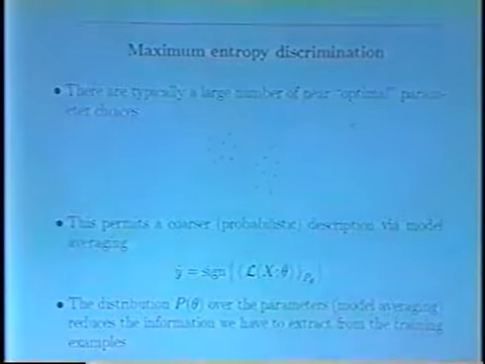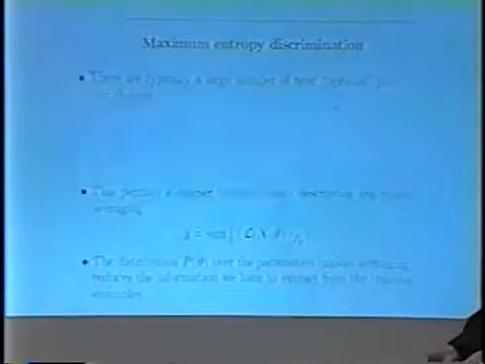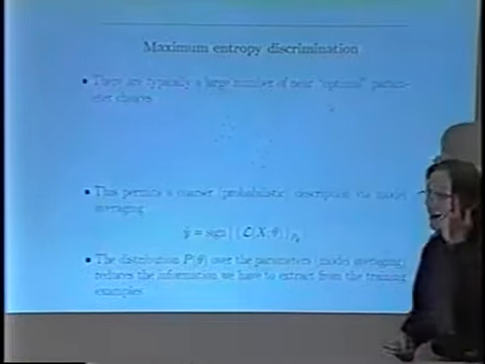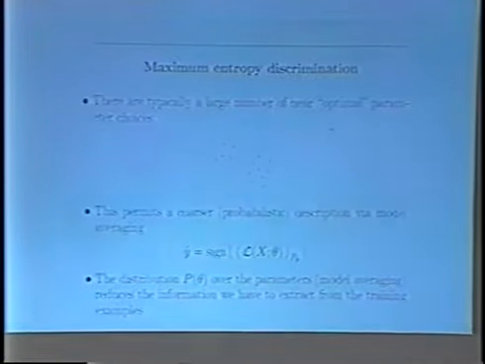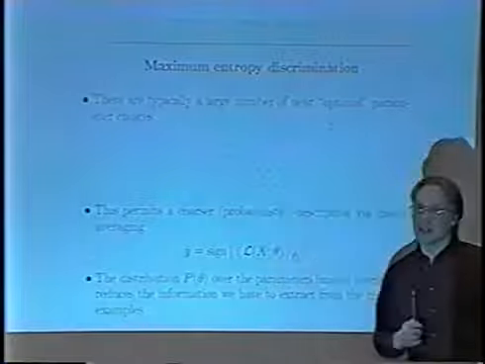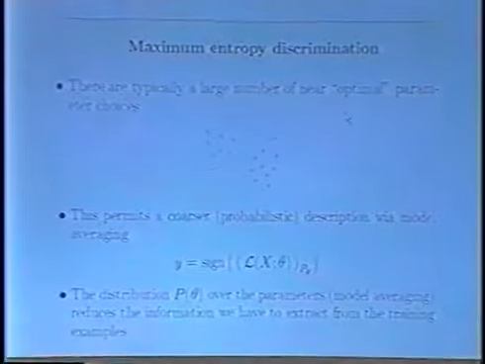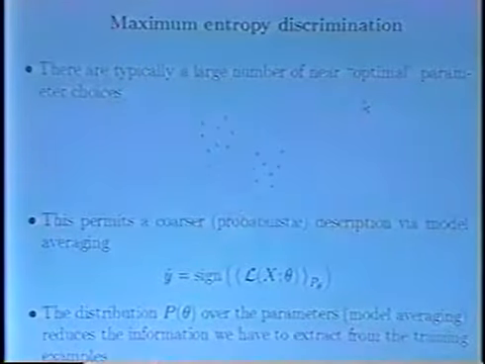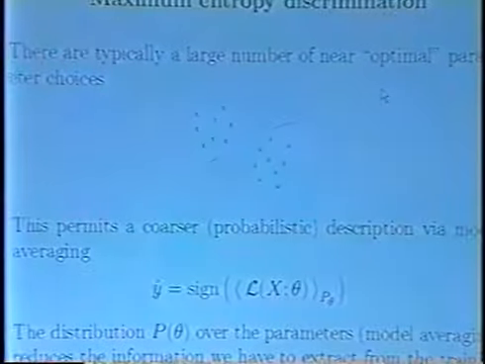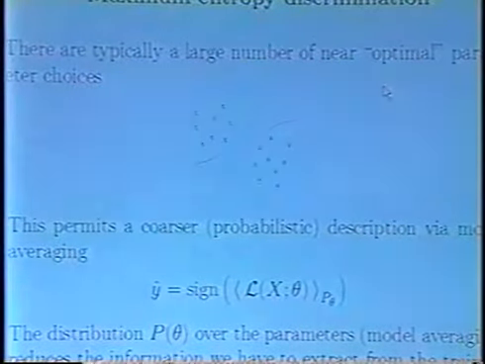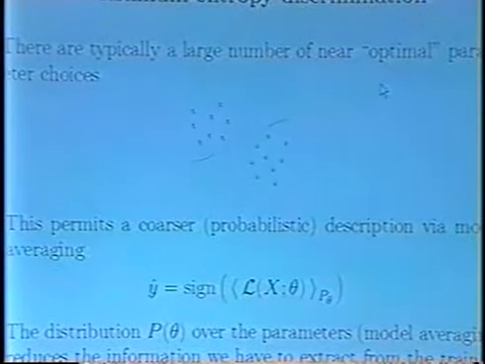In fact, it is typically the case that there are a large number of nearly optimal solutions to any classification problem. Which one of the solutions you pick is not clear. But what you can do is actually use a collection of them, a collection of parameter values that give you good classification performance. And by doing so, in fact, you are making a coarse description of the identity of the parameters.